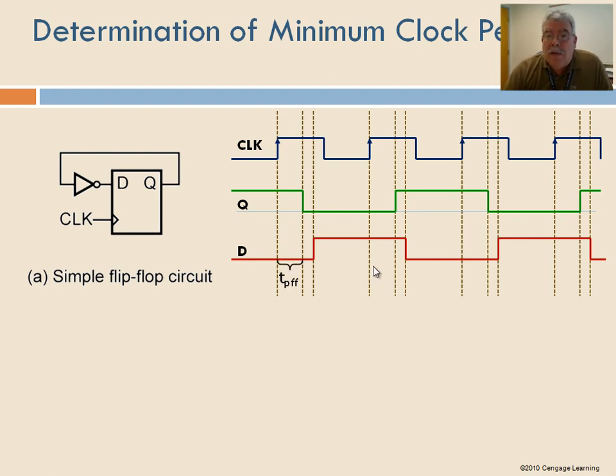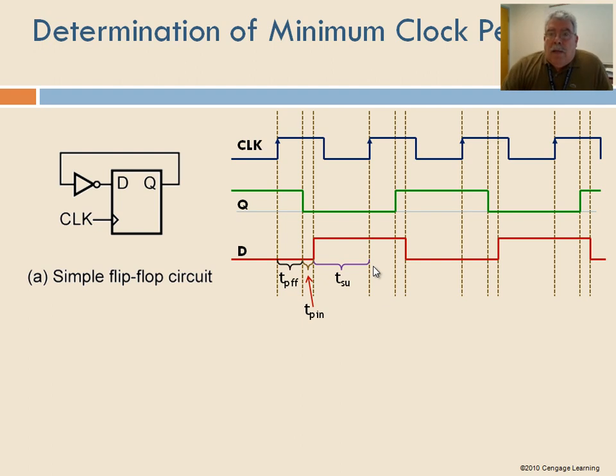I need to be sure that the propagation time of the flip-flop, plus the propagation time of the inverter, plus the time required to keep the input D stable before the clock, which is the setup time, is all shorter than the whole clock cycle. You see, from one change to the next, I need to fit these 3 times.